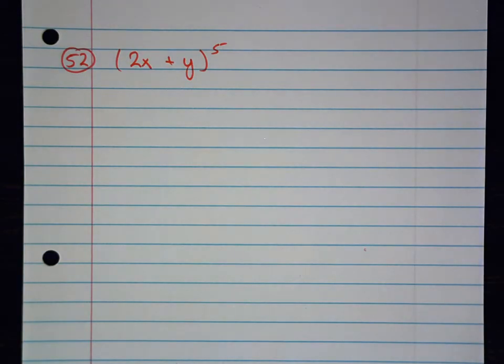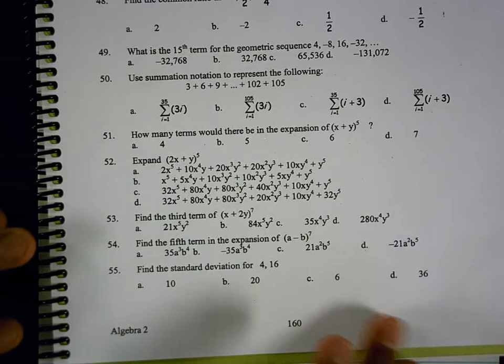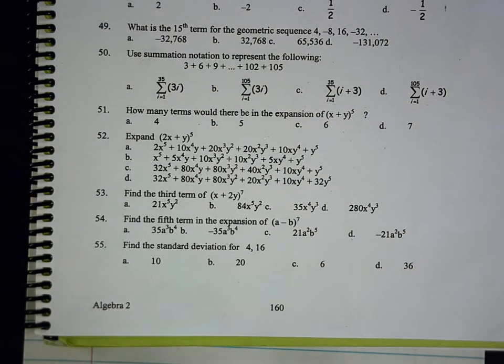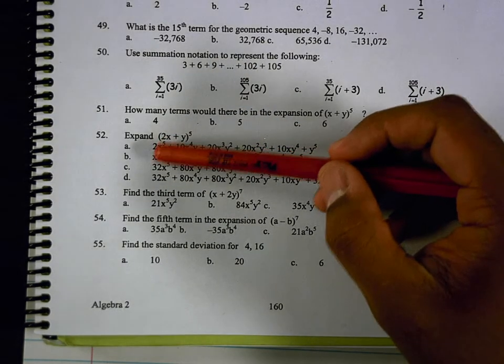But in this case, I would probably use the combination formula. And I can actually, I'm going to put the answer, the question here. I can do this question without having to do all of them. Because if you look at it right here, the first terms for A, B, and C are different.